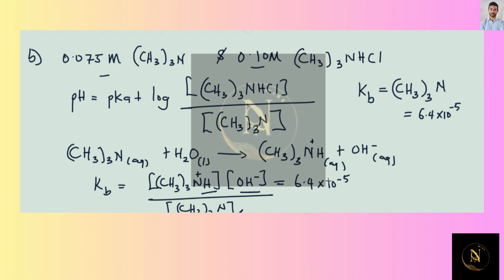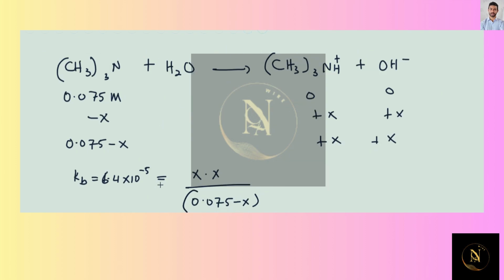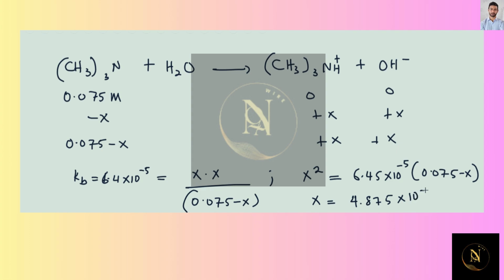So X squared is equal to 6.4 times 10 to the power minus 5 multiplied by 0.075 minus X. If we solve for X, it is 4.875 times 10 raised to the power minus 5.